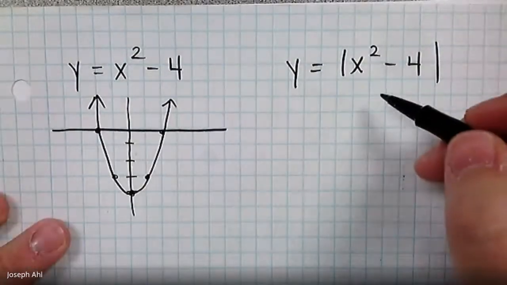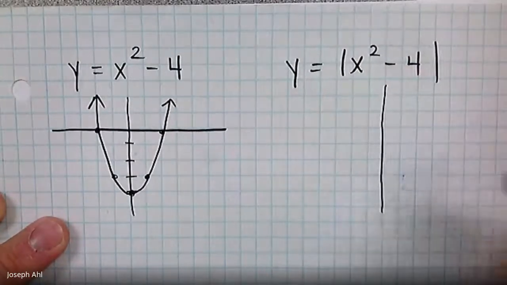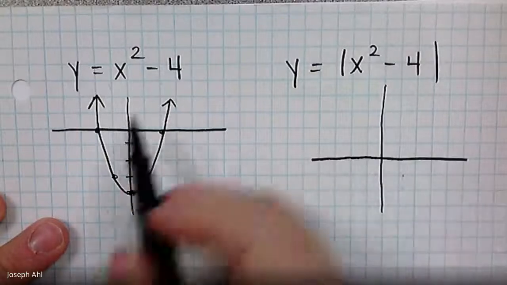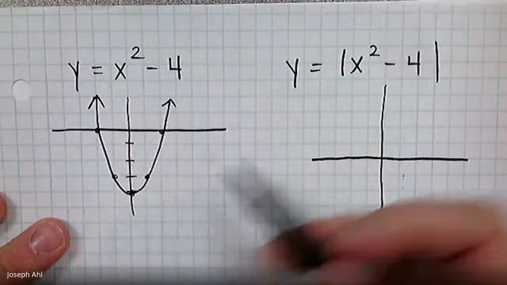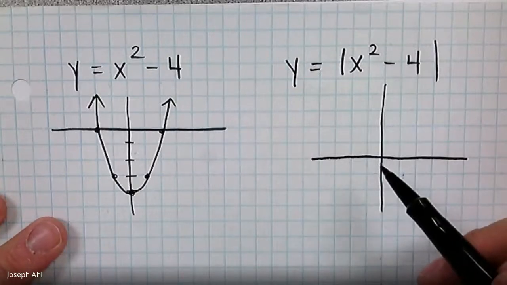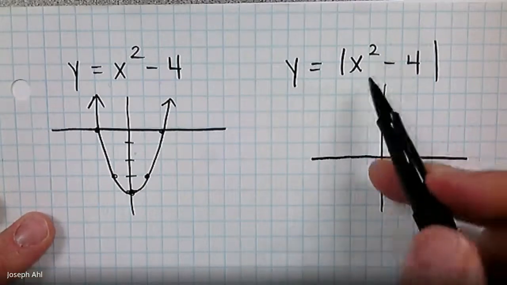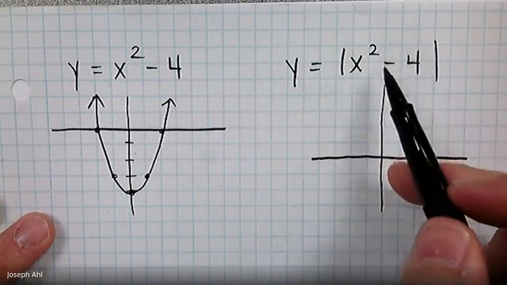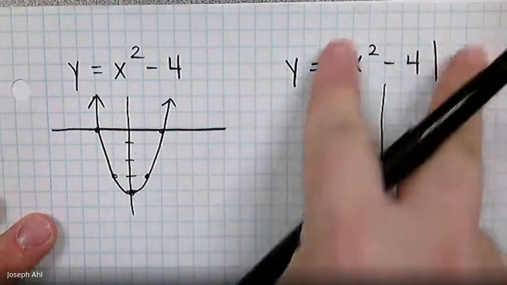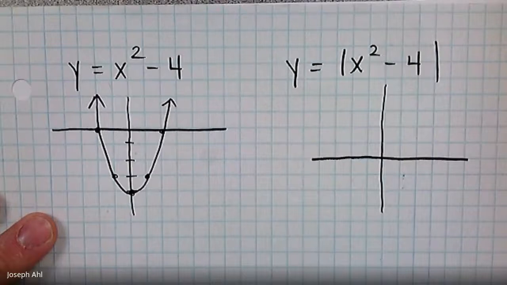So I want you to think about, now when I put absolute value bars around that, how does that change the appearance of this graph? It is some sort of transformation, but it's not a direct, let's move it here, let's flip it there. Think about what happens when you input to this function: the outputs for y, because of the absolute value, are only positive.